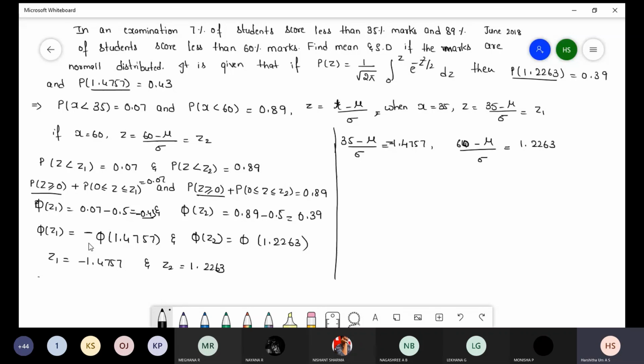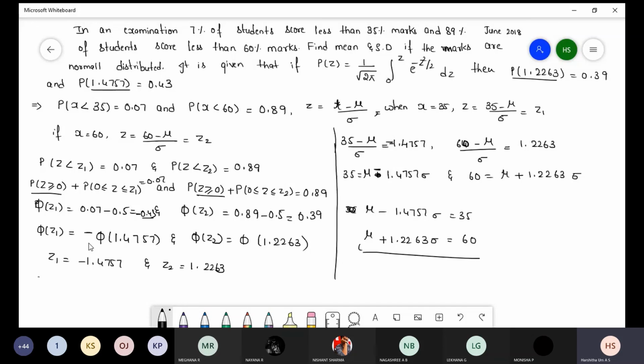So here 35 is equal to mu minus 1.4757 sigma and 60 is equal to mu plus 1.2263 sigma. Now solving the simultaneous equations, mu minus 1.4757 sigma is equal to 35. Mu plus 1.2263 sigma is equal to 60.